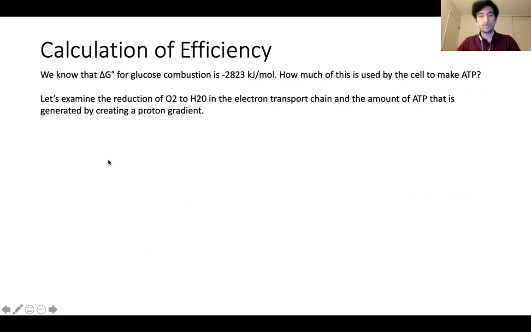Next, what's mentioned in lecture is a calculation of the efficiency of cellular respiration in terms of producing ATP. So let's think about how we would go about this calculation. We know that for every single glucose molecule, you can generate approximately negative 2,800 kilojoules if you just combust it directly. Since our cells are using glucose for the production of ATP, how efficient is this process? We can make a few assumptions here.